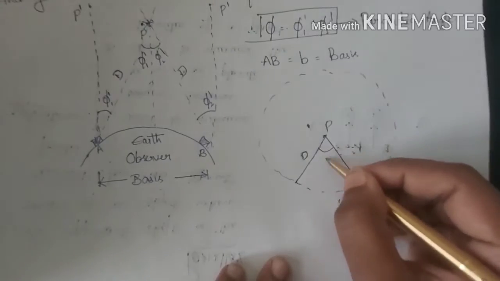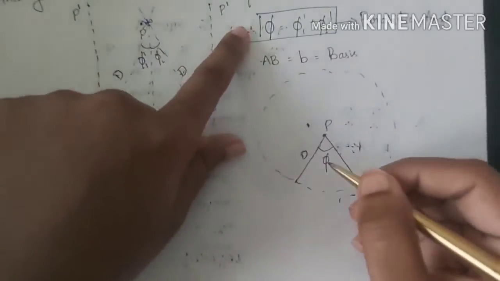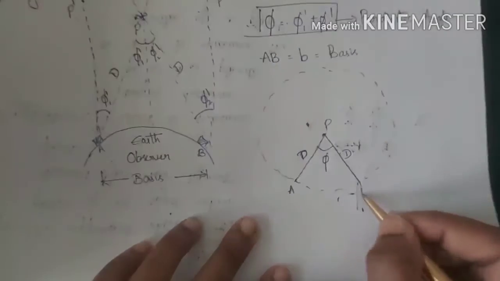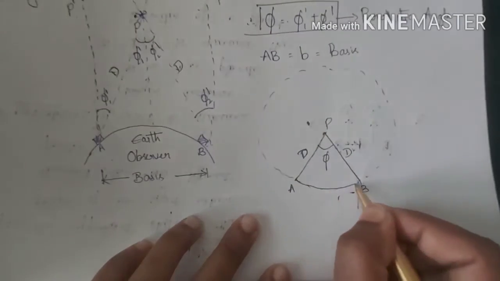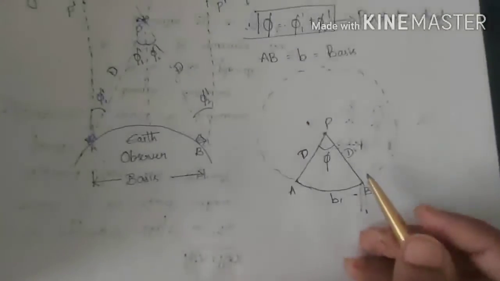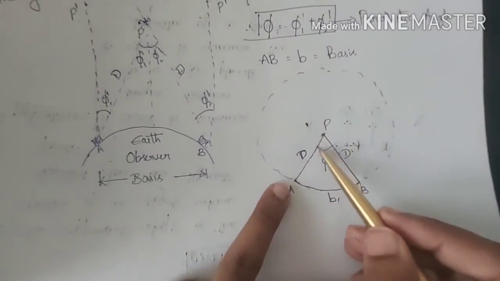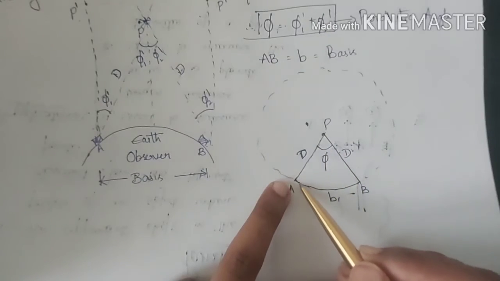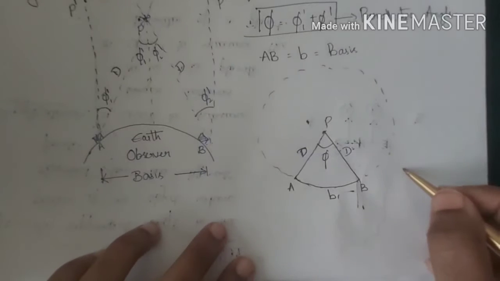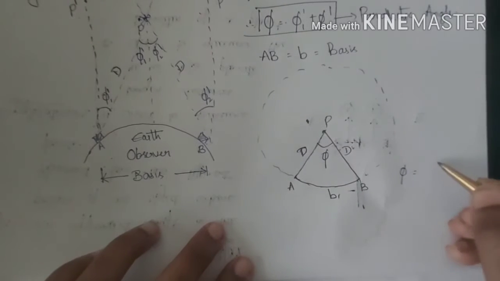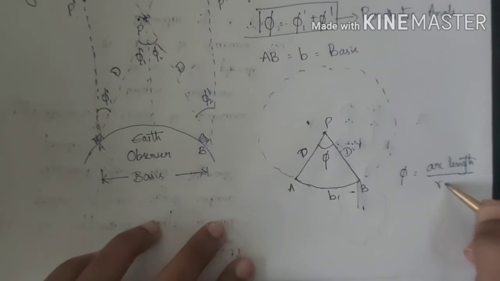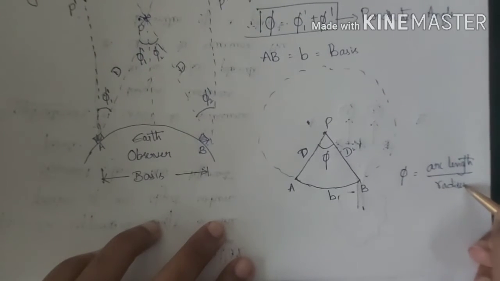So this is your phi, which is equal to phi 1 dash plus phi 2 dash. This is the distance between the AB observatories, the basis. What does it represent? It is nothing but the angle phi made by the arc of a circle, which is given by phi equals arc length upon radius.